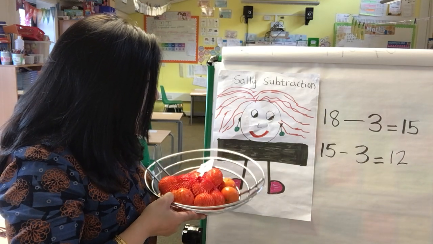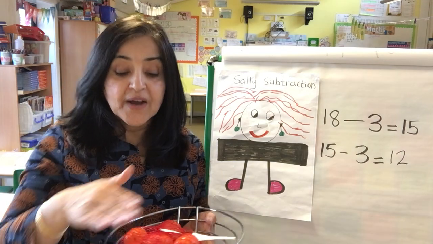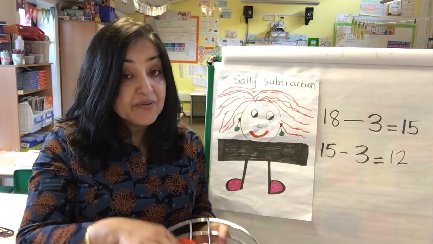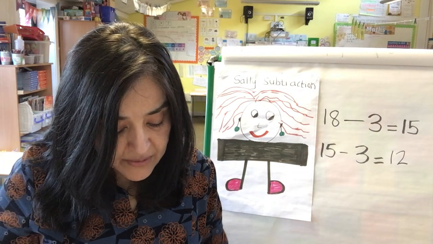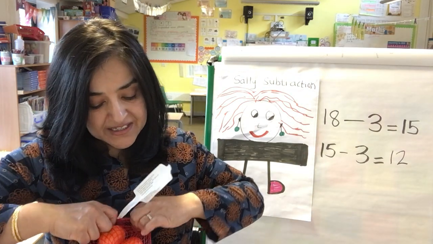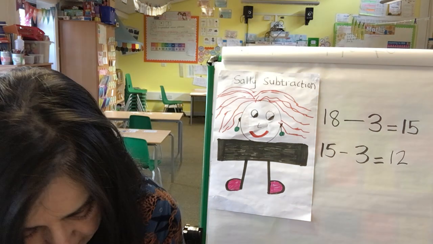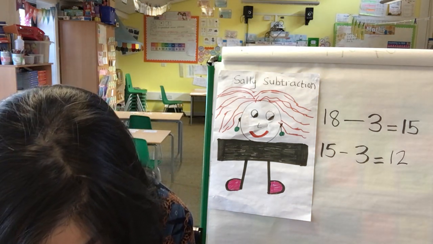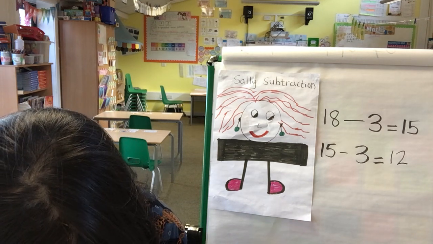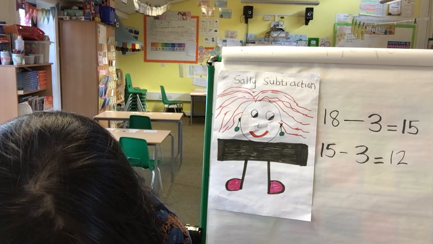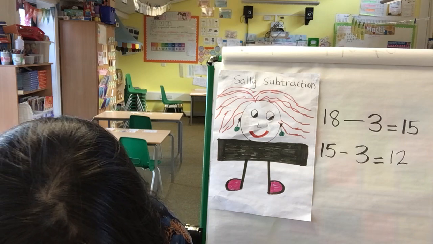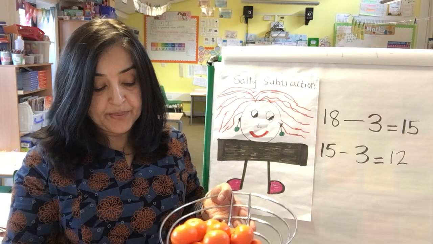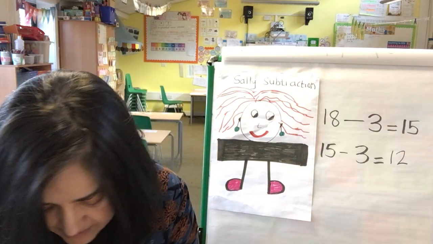Shall we have a look to see how many we've got in total? And to find out how many we've got in total, what do we have to do, children? That's right, we've got to count them. Right, we're going to have to count them properly here, so I'm going to put them all to one side.